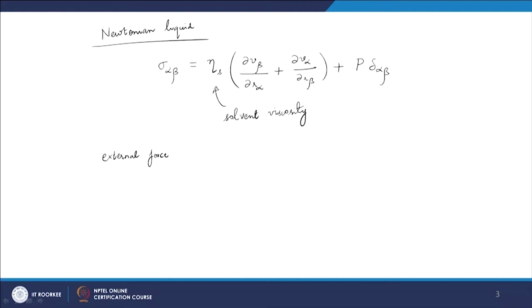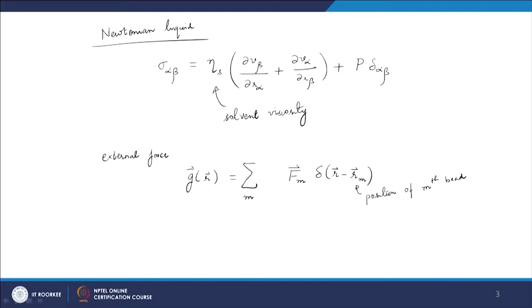So, now to approximate the external force, we will use the idea that the external force is because of the other beads that are present in the solution, and every bead corresponds to a force say F_m, then the net external force should be sum over F_m multiplied by delta of R minus R_m, where R_m is the position of the mth bead and the sum is over all values of m.